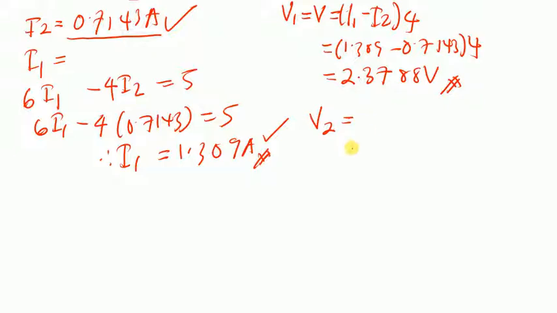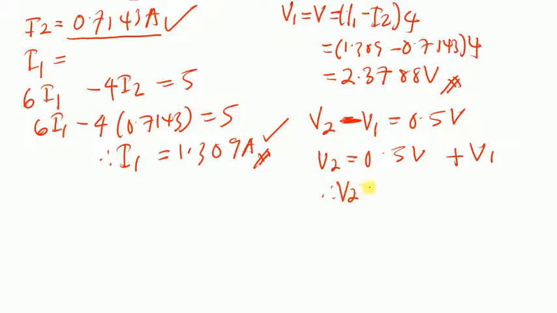For V2, V2 minus V1 is equal to 0.5 V, so V2 is equal to 0.5 V plus V1. Here you get V2 equal to 3.5682 volts.